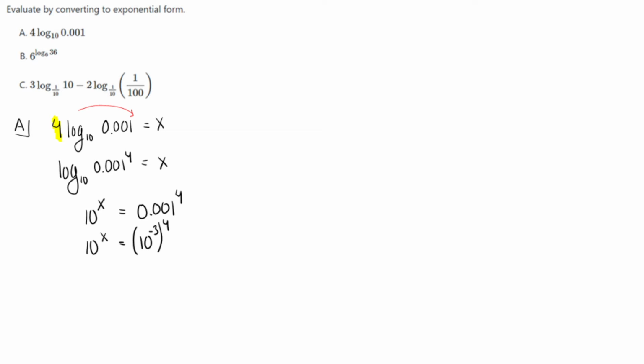We're going to apply the power of a power law, which means we multiply those exponents, which means we get 10 to the power of negative 12. Once we have the same base on both sides of the equal sign, we can drop the bases and continue with just the exponents. So we have x equals negative 12. And that's our answer.